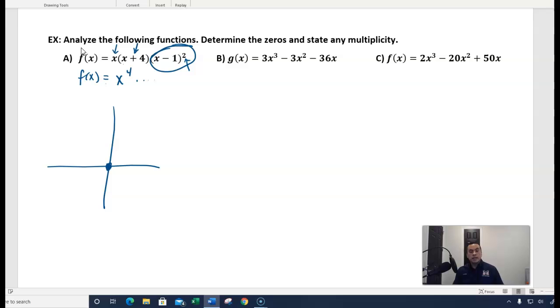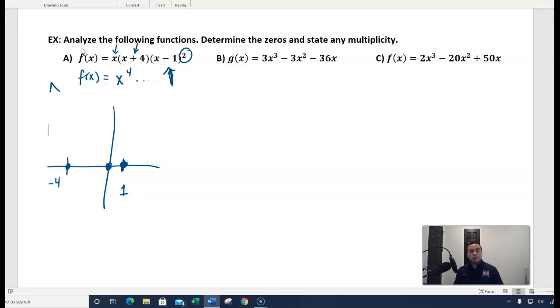On the next one, negative 4, let's say it's over here, because there's only one negative 4 answer, it's going to cross through there. But right there on that last one, because it crosses an even number of times, twice in this case, that means that at positive 1, there's going to be, again, a parabolic shape.